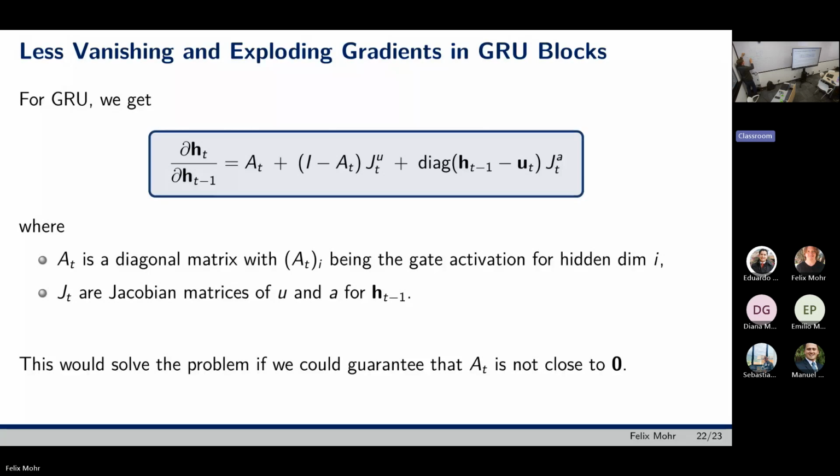If these gates are all closed, like 0, then we would not remember anything and we would only incorporate the new knowledge. This is what the recurrent unit does, and we don't want this.